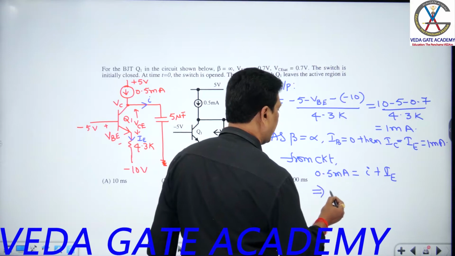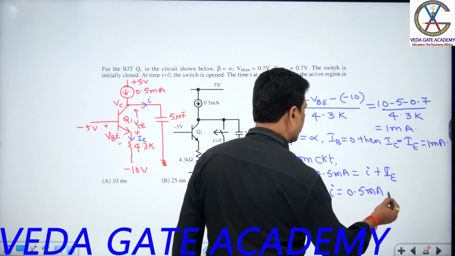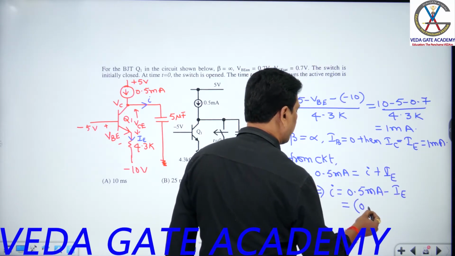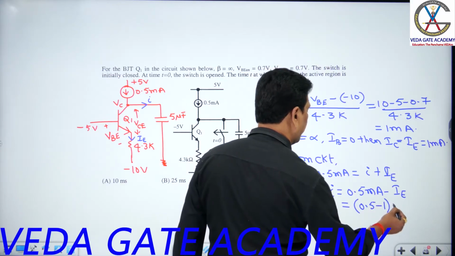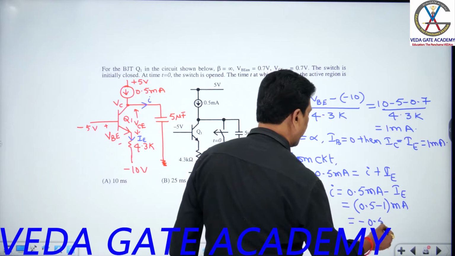That implies I equals 0.5 milliampere minus IE. Already we know IE is 1 milliampere, so 0.5 minus 1 milliampere gives minus 0.5 milliampere.